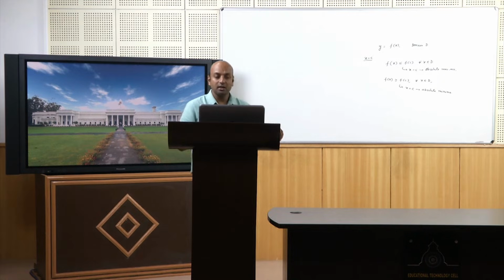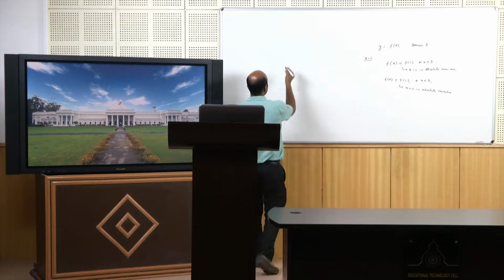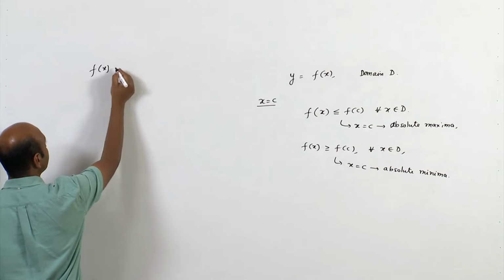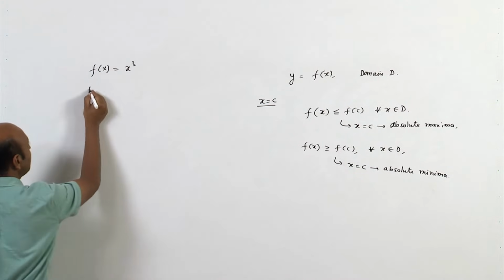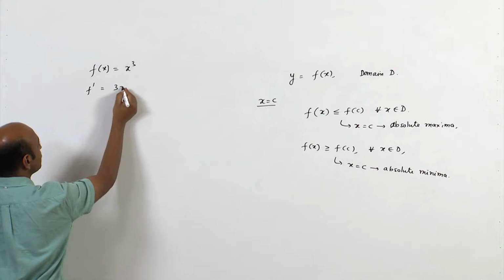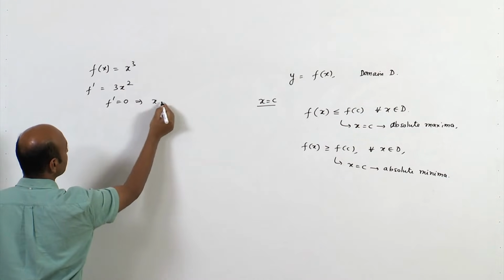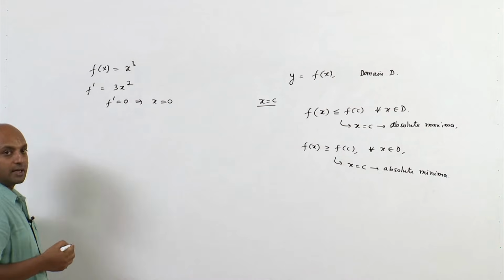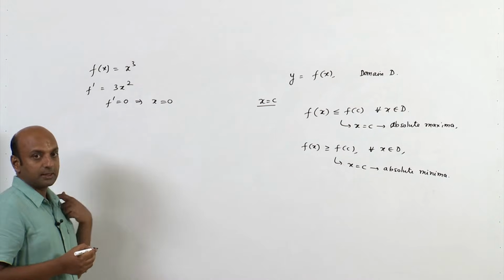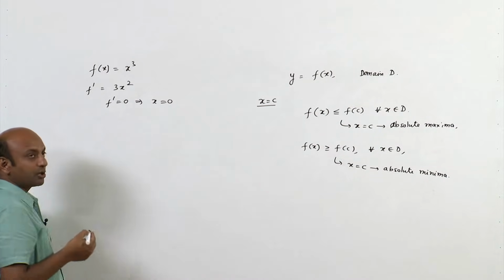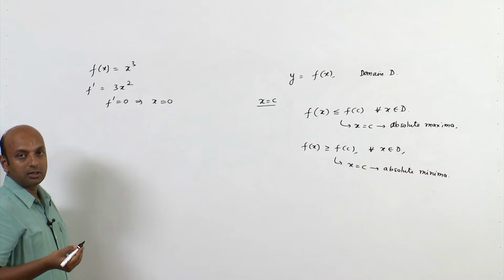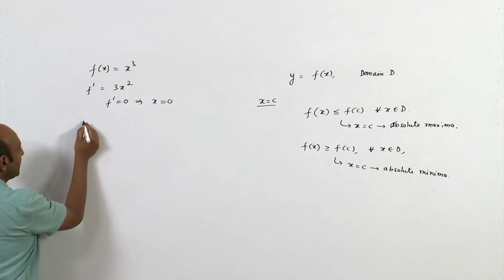Say we have this example f(x) equal to x cube. When we take the first derivative, it is 3x square, and f' equal to 0 implies x equal to 0. So, x equal to 0 is a critical point basically. Now, to check whether this point is a point of maxima, minima or inflection, we find the second derivative.